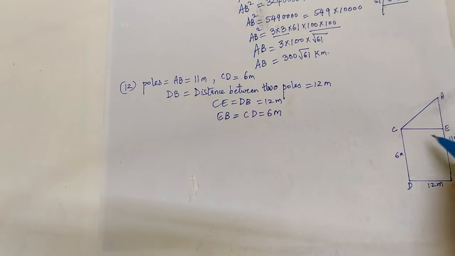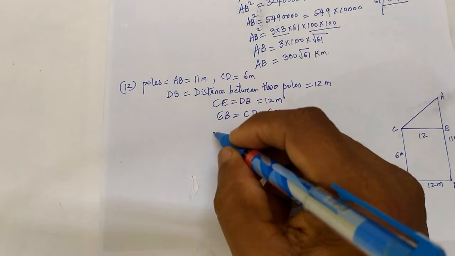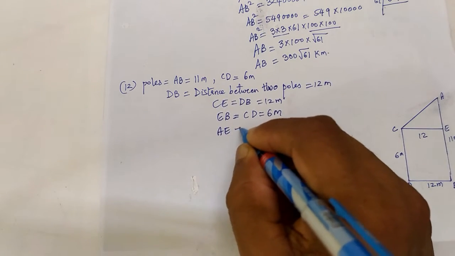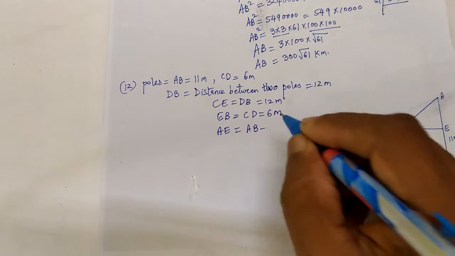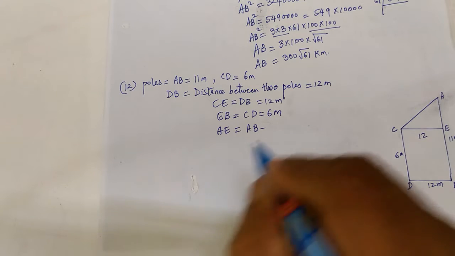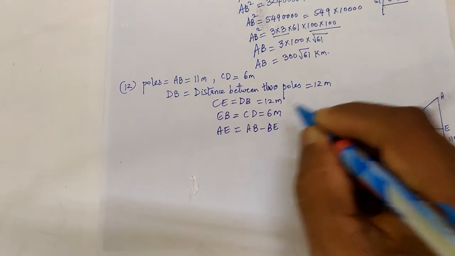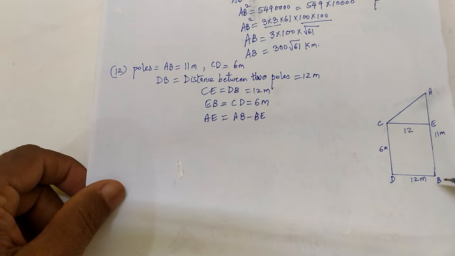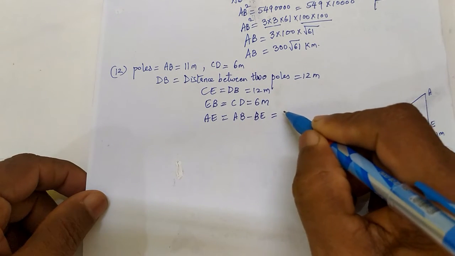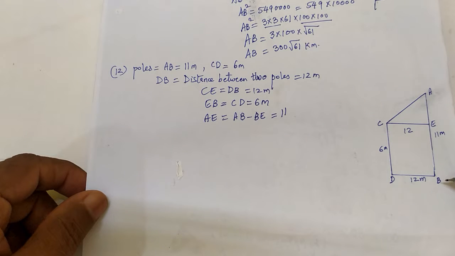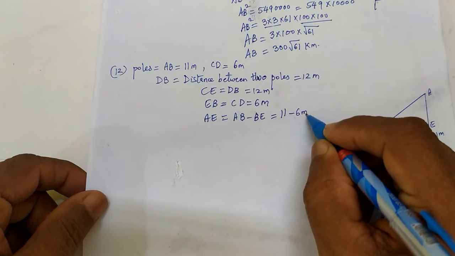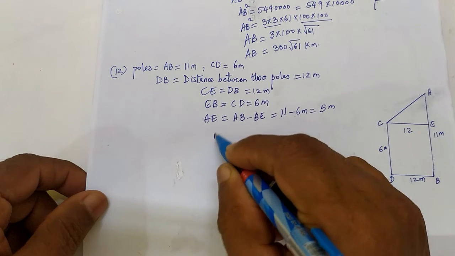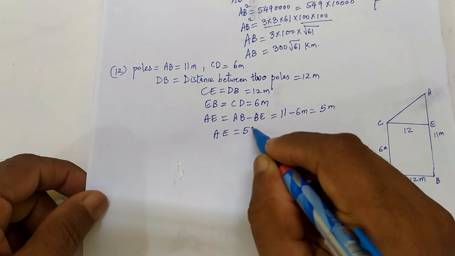So AE is AB minus BE. AB is 11 meters. EB we have found out here is 6 meters. So 11 minus 6 is 5 meters. So AE we have found out as 5 meters.